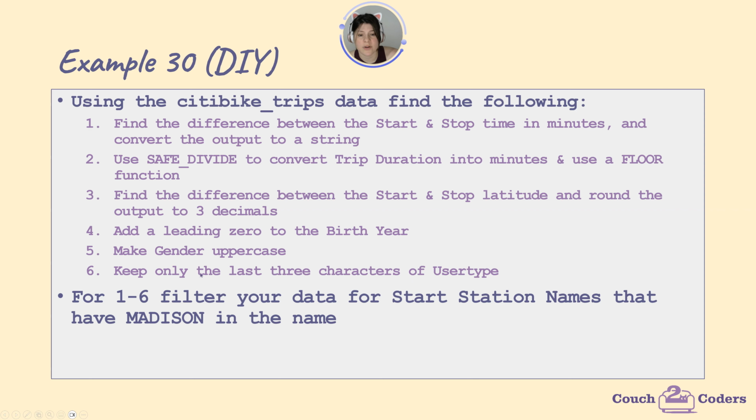And for all of these, we're going to filter our data for start station names that have Madison in the name. So it can be in the front, the back, anywhere in the middle.